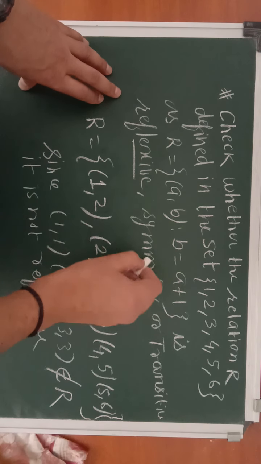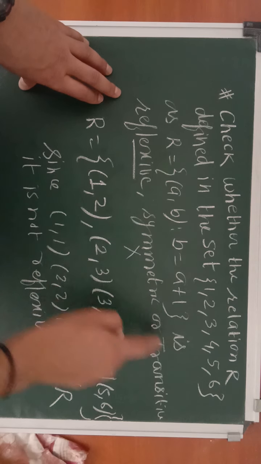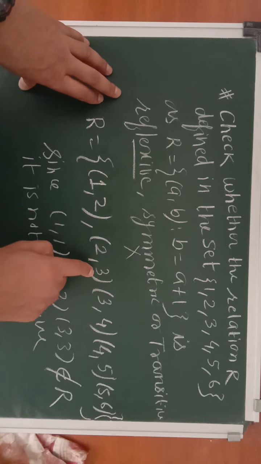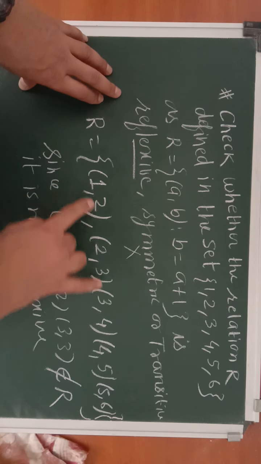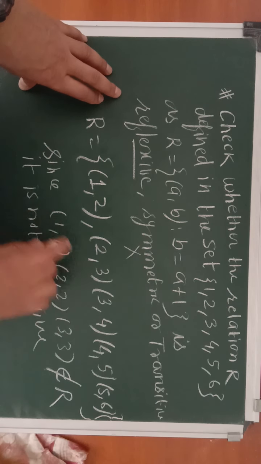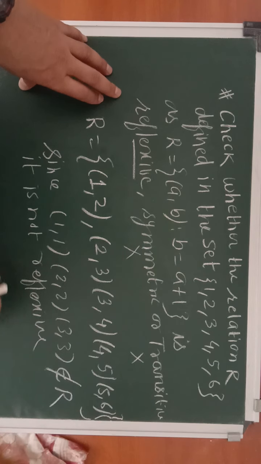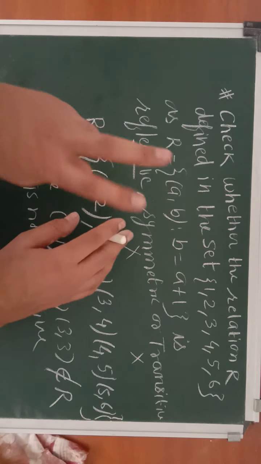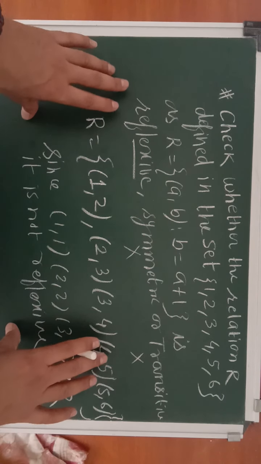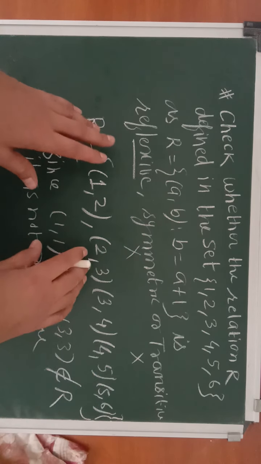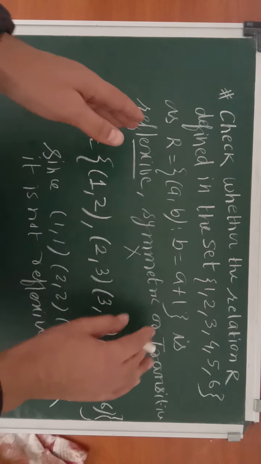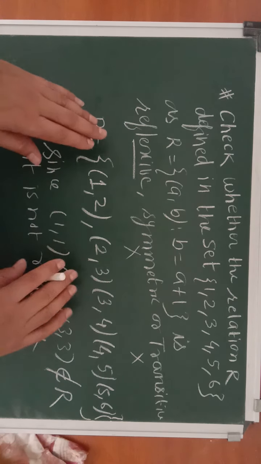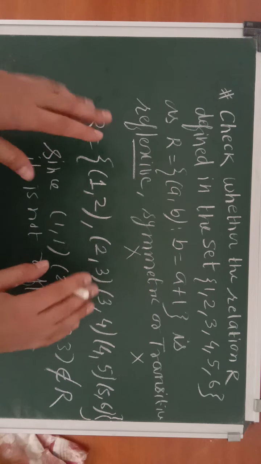Definitely no. So it is not symmetric. Is it transitive? If 1 is related to 2 and 2 is related to 3, do we have 1 related to 3? No, nowhere. So it is also not transitive. Such types of questions will be asked to you in the 2 mark category in the board examination, where you need to justify the various types of relation using suitable examples and in a proper manner.